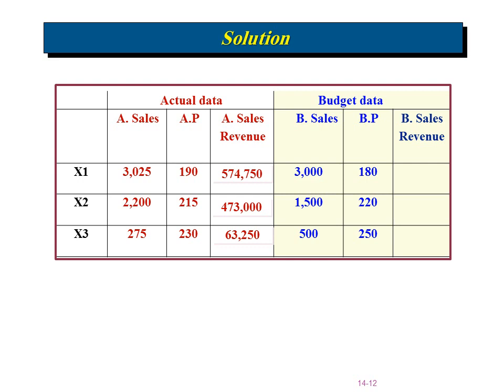By the same way, we can calculate budgeted sales revenue for X1: 3,000 budgeted sales, 180 budgeted price, so budgeted revenue 540. And also X2 and X3.